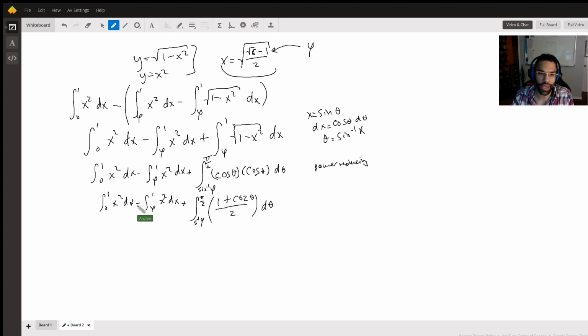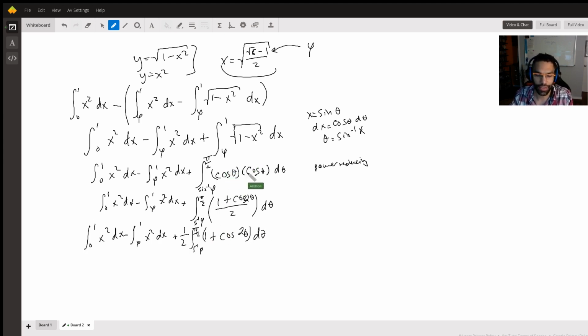We can pull that half out into the front there. Again, it seems like a lot of writing, but this is sometimes what you have to do to keep track of things. And we're going to pull that half out, inverse sine of phi to pi over 2, and that leaves 1 plus cosine of 2 theta d theta.